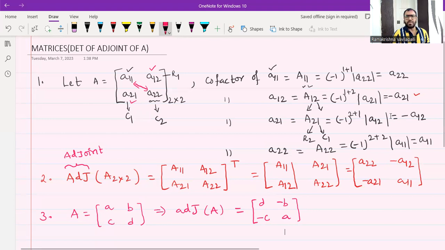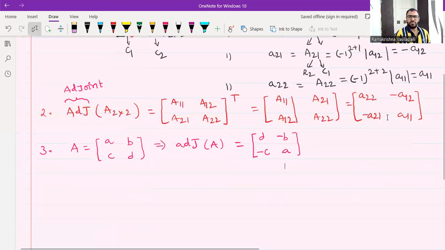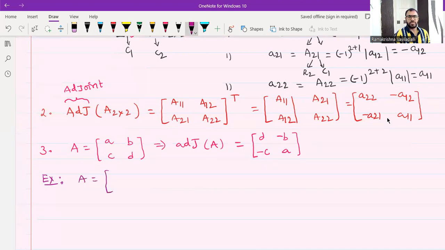For example, one example I am providing: A equal to, suppose you take 1, 2, minus 3, 4. Now what is adjoint of A?